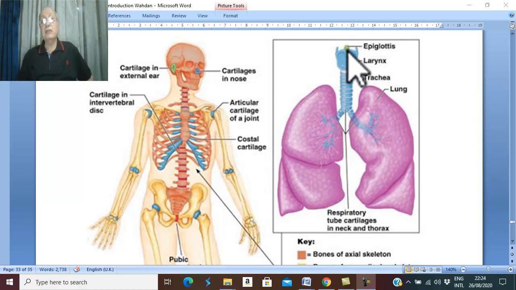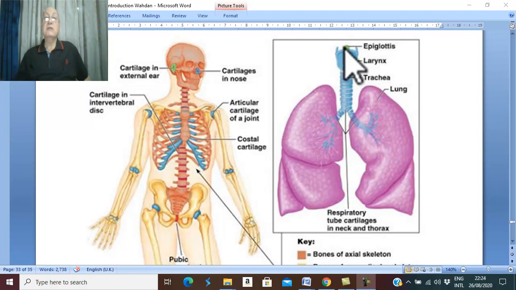The blue color is hyaline. And the cartilaginous rings in the trachea and the bronchi. Therefore, the respiratory airway, starting from the nasal cartilages until the trachea and the bronchi, except the epiglottis.